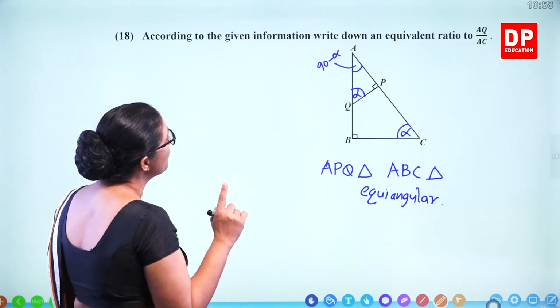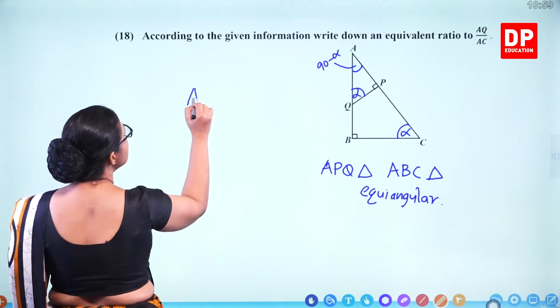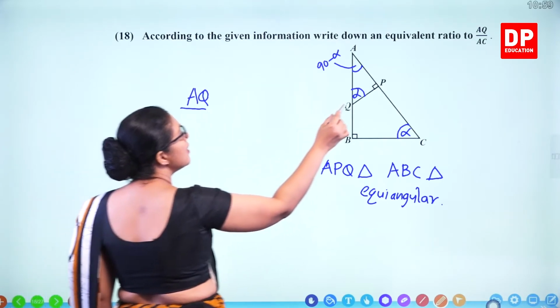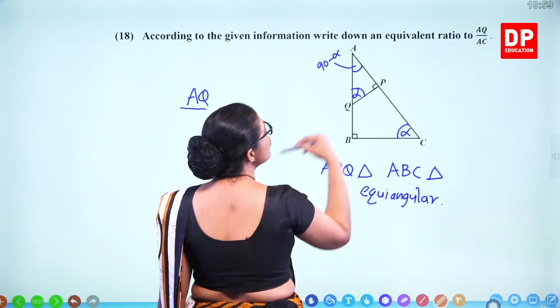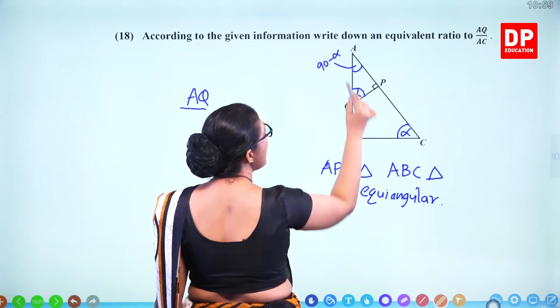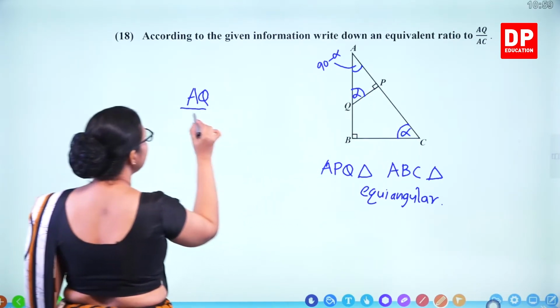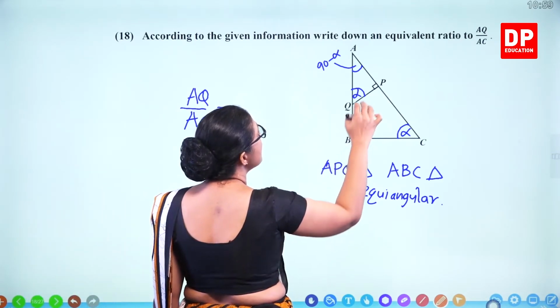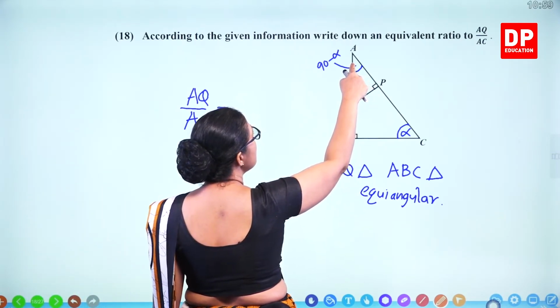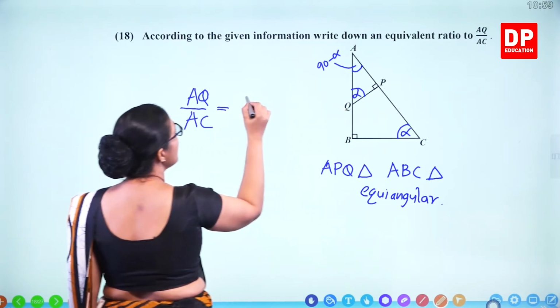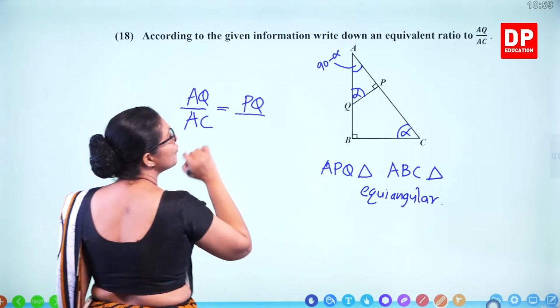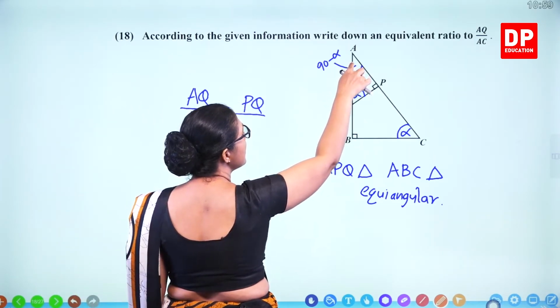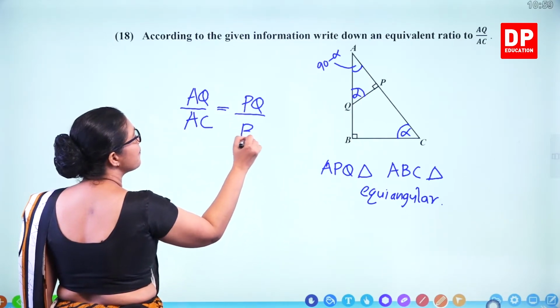Similar triangles means corresponding ratios you can find. So AQ is the side opposite to 90. What is opposite to 90? That's AC. Then what's opposite to 90 minus alpha? That's PQ. What about 90 minus alpha here? That's BC.